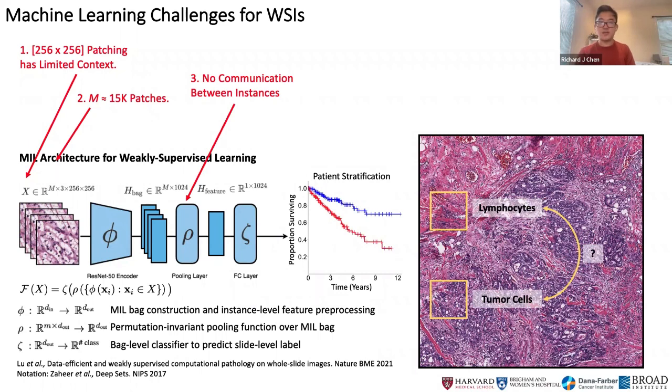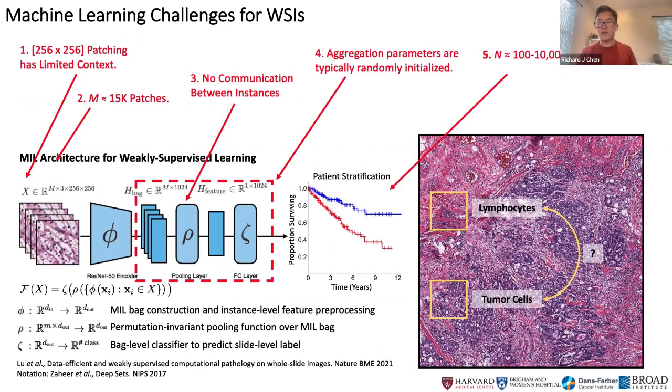And lastly, even if we can equip these weakly supervised models with more complex aggregation schemes, slide tasks are high dimensional, low sample size problems, and thus more complicated MIL architectures may lead to over or underfitting. And of course, we also ideally would like this to be multimodal and also interpretable for clinical translation.